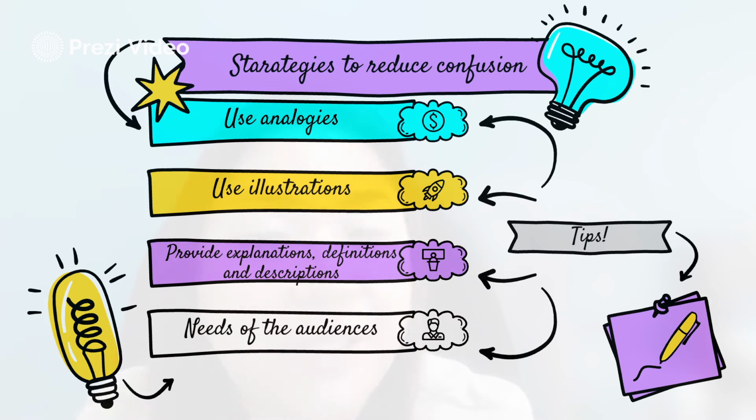Number 3, provide explanation, definition, and description. You need to always explain. Like I mentioned just now, you have the illustration, so you need to explain. If you have a definition, like I mentioned just now, my topic today is informative speech. So I am now doing my lecture. Definitely, this is actually one of the examples of informative speech.